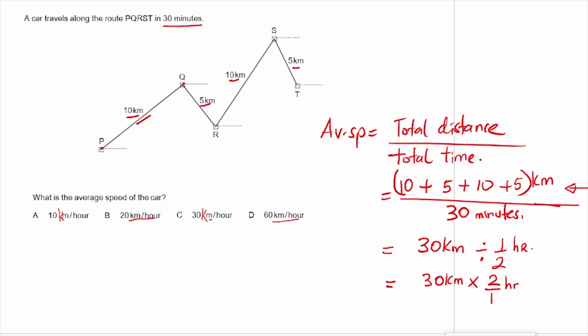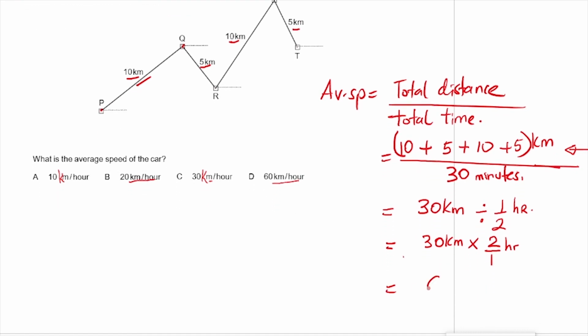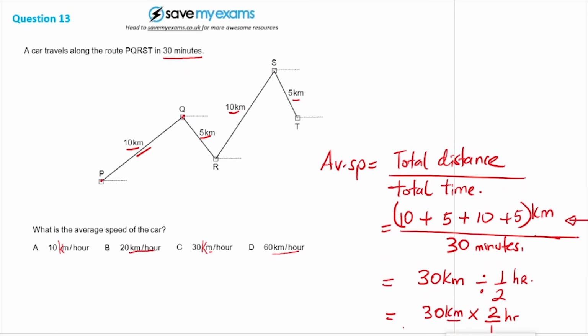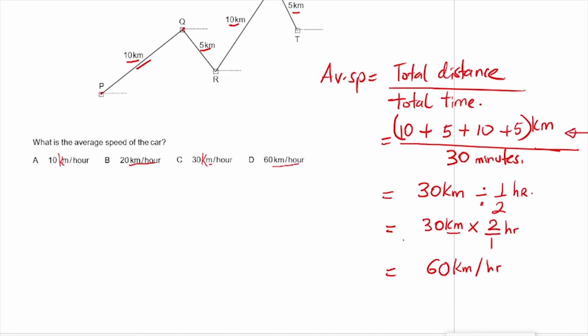And then we shall end up with 60. So it's going to become 60 kilometers per hour. And our answer there is D. So our answer here is D.